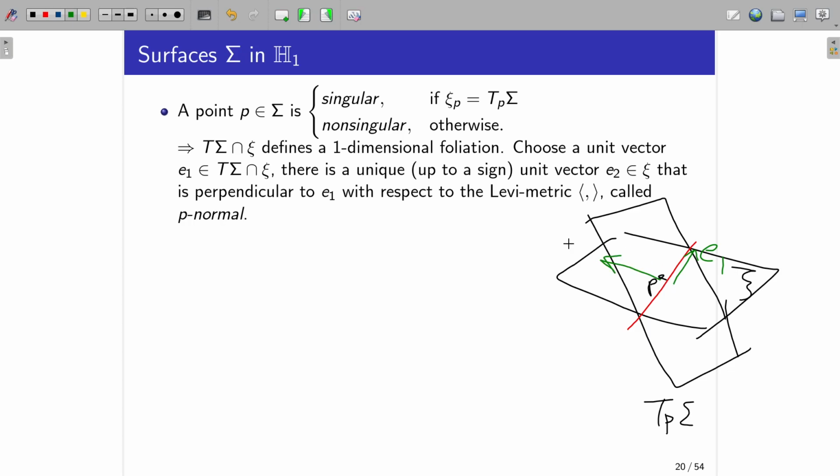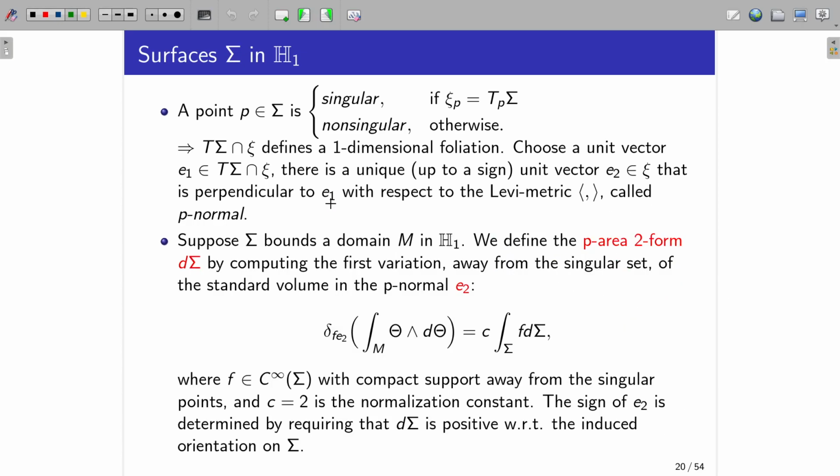You can have JE1, just rotating the vector E1 on the contact plane by 90 degrees. This is E2. So E1 and E2 are perpendicular to each other with respect to the Levi metric. We call E2 the p-normal of the surface.